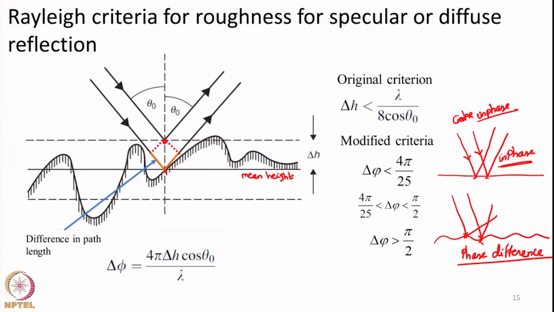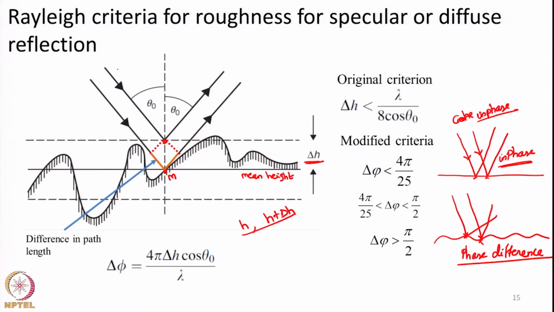Okay. So, let us say reflection is occurring at the mean height, and another reflection is occurring from a surface slightly above this, at a height of delta h above the mean height. So, there are 2 points on the terrain, one with height h and one with height h plus delta h. 2 waves are coming, one is getting reflected from the point with height h, one is getting reflected from the point at height h plus delta h.